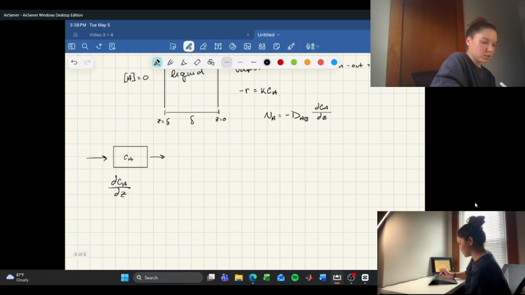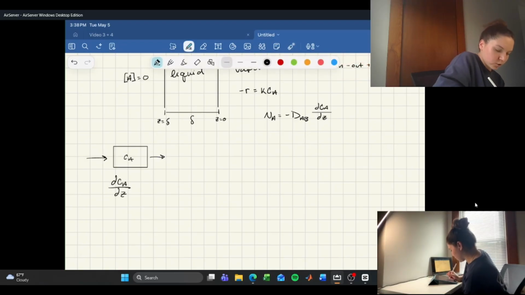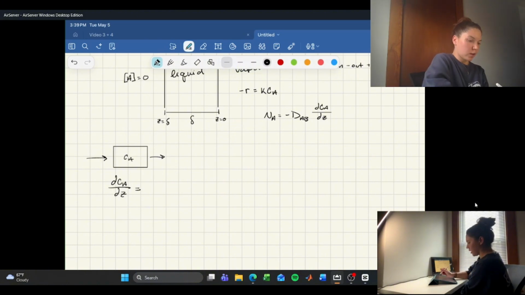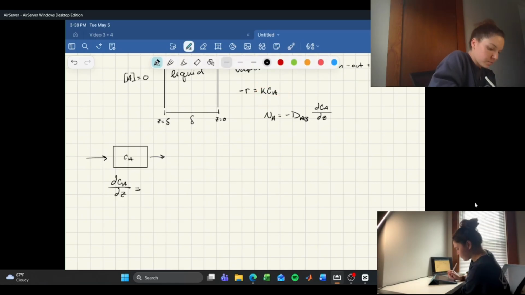That's going to be this in minus out, and this is going to be equal to the negative reaction rate, where we said that was up here. Negative reaction rate is equal to k C_A.